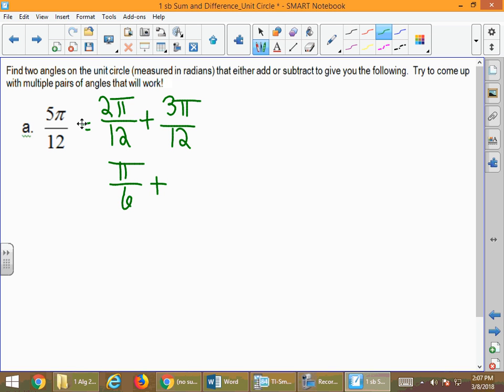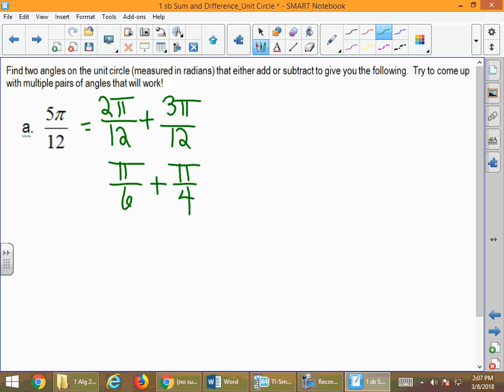If we simplify, what you can type in your calculator is 3 over 12, which is pi over 4. Is that a value on our unit circle? Yes. So I start with the denominator, and then I work backwards.